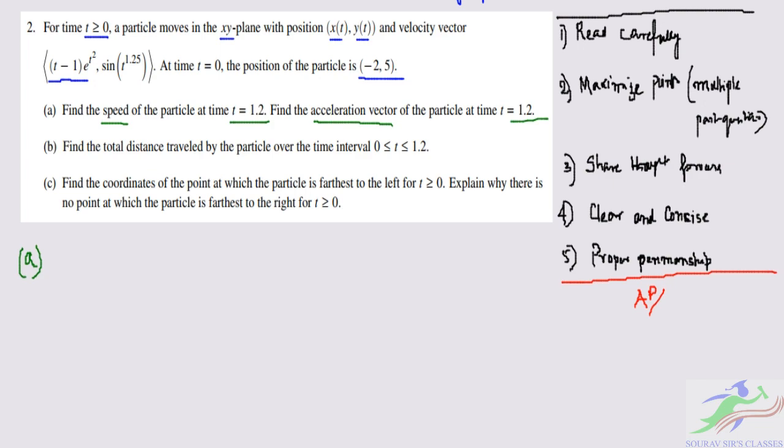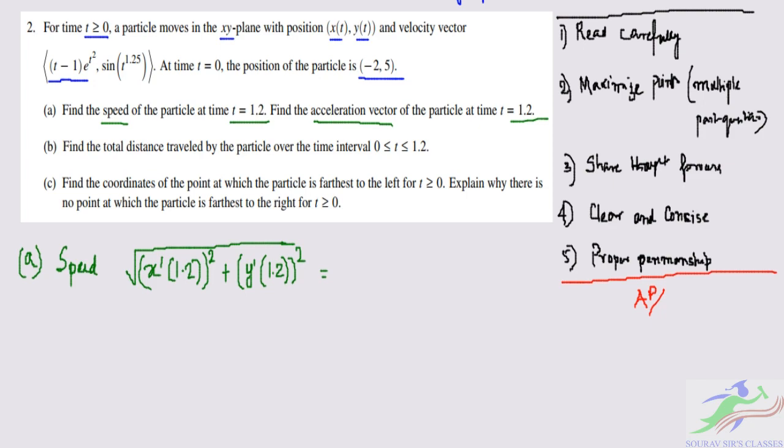First, to find the speed, the speed can be found through the square root of x prime at 1.2, whole square, plus y prime at 1.2, whole square.